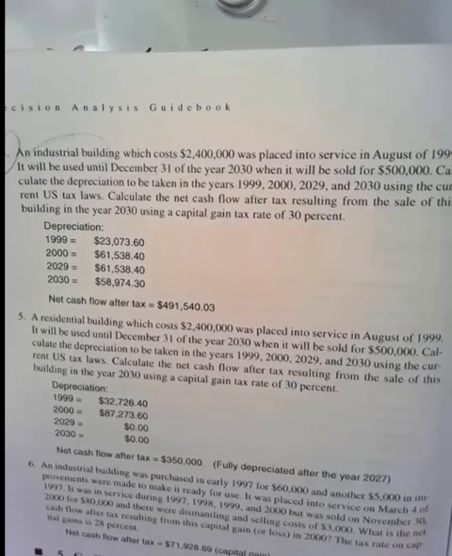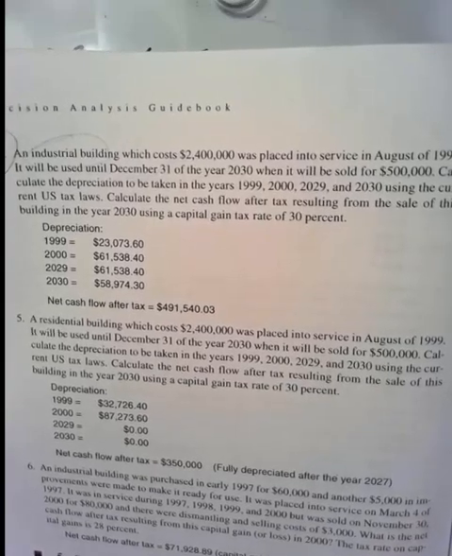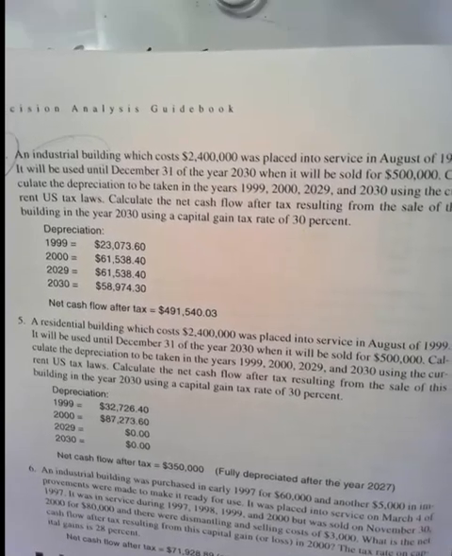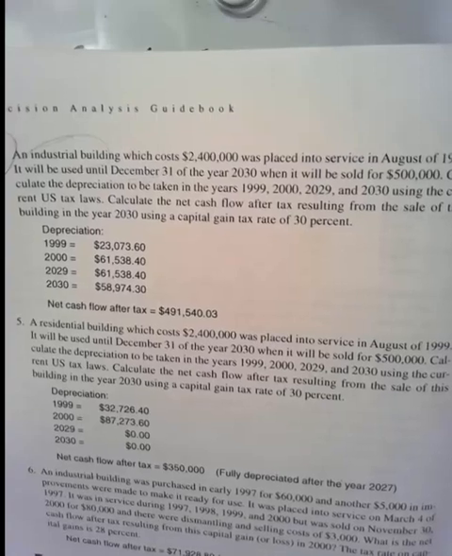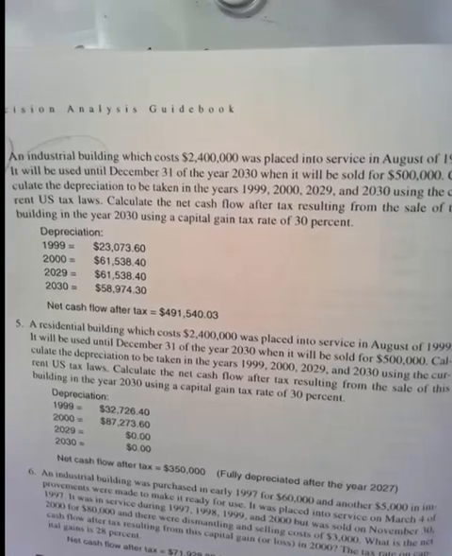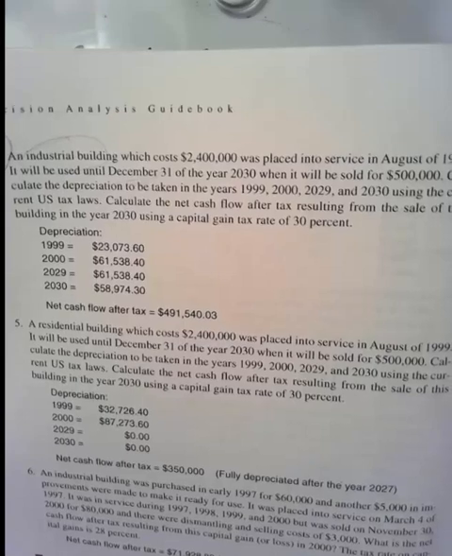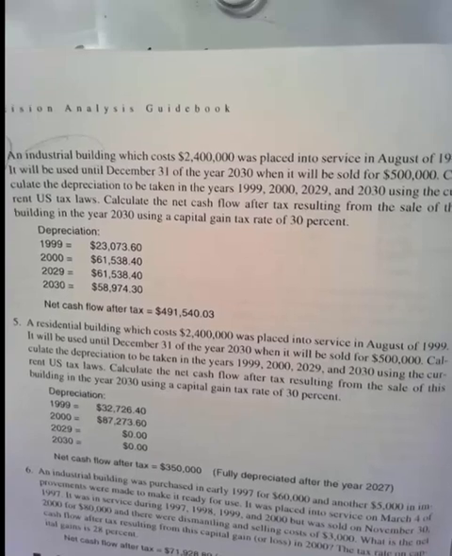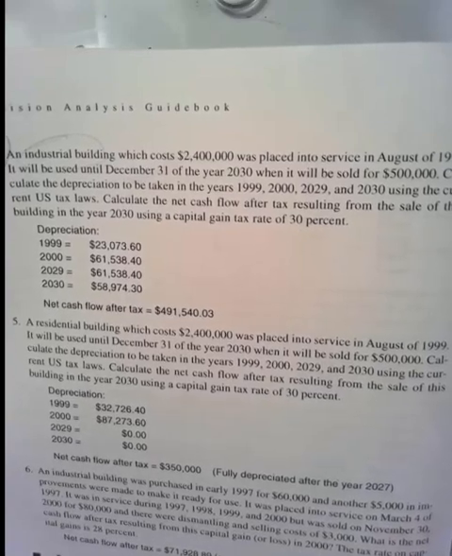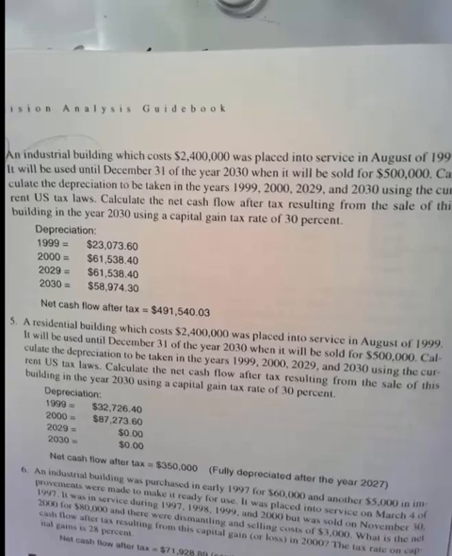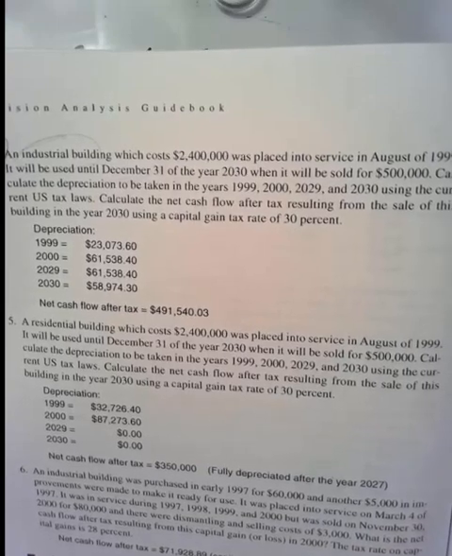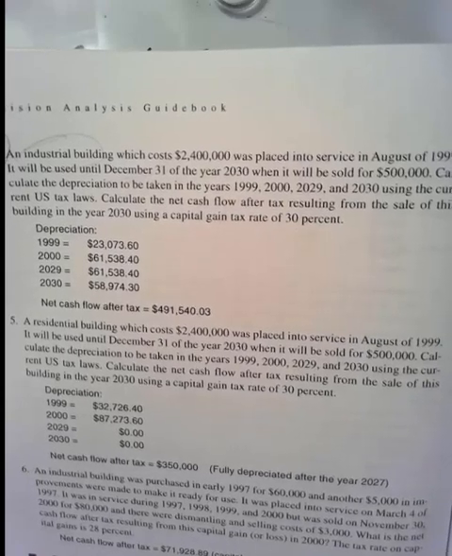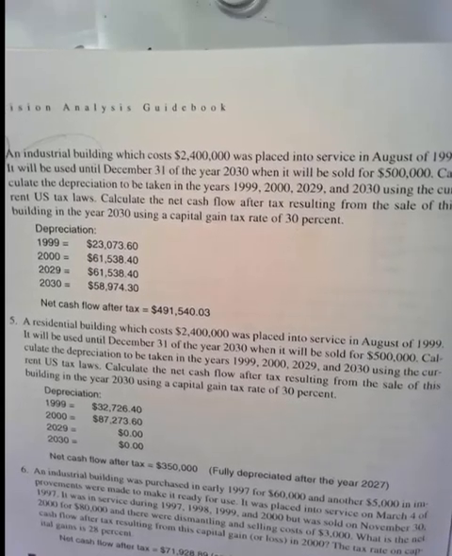It will be used until December 31st of the year 2030, when it will be sold for $500,000. Calculate the depreciation to be taken in the years 99, 2000, 2029, and 2030 using the current US tax laws. Calculate the net cash flow after tax resulting from the sale of this building in the year 2030 using a capital gain tax rate of 28%.